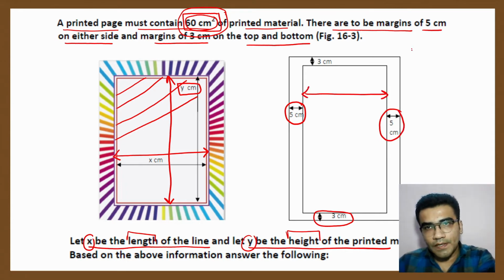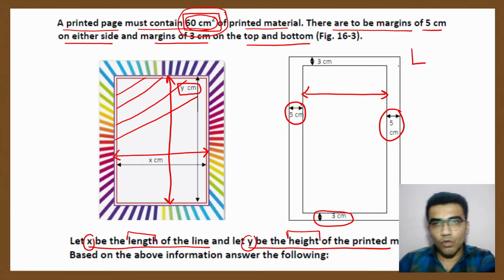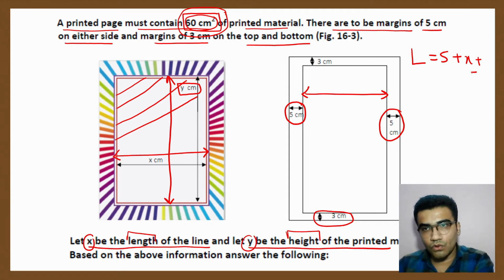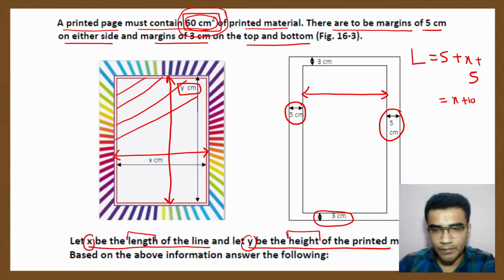So we call capital L the length of the whole paper, which is the margin 5 centimeter plus the length of the line x plus the other margin, also 5. By adding 5 and 5, we get x plus 10 centimeter as the whole length of the paper.